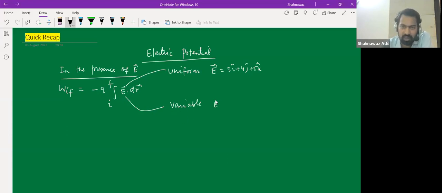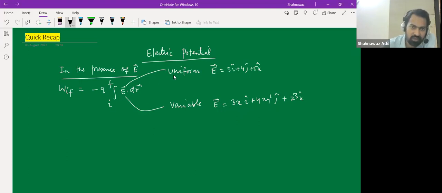In this case, the electric field will vary whenever we change the position. So let's say this would be something like 3x i plus 4xy square j plus z k. This is an example of a variable electric field.